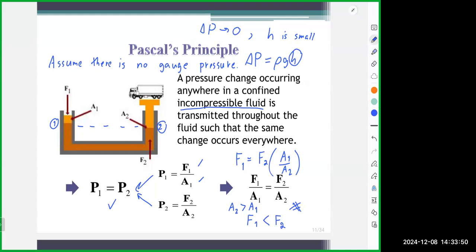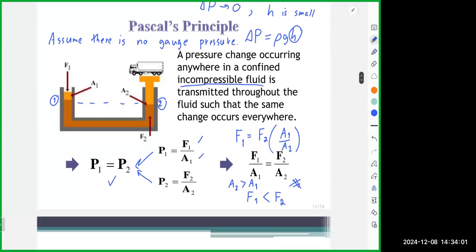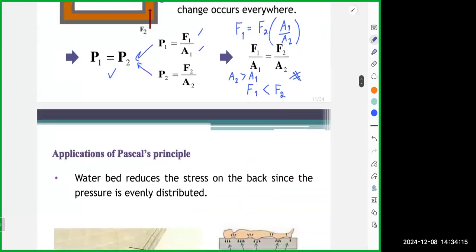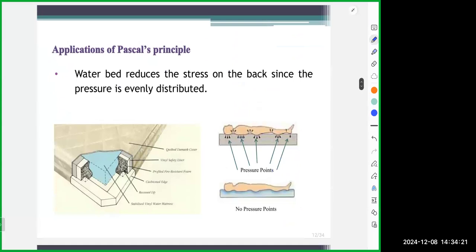If you can make a difference, for example, if A1 is 100 times smaller than A2, then you need only 1 ton to lift the 100 tons. And I will talk about it more in the exercise, in the active learning activities.